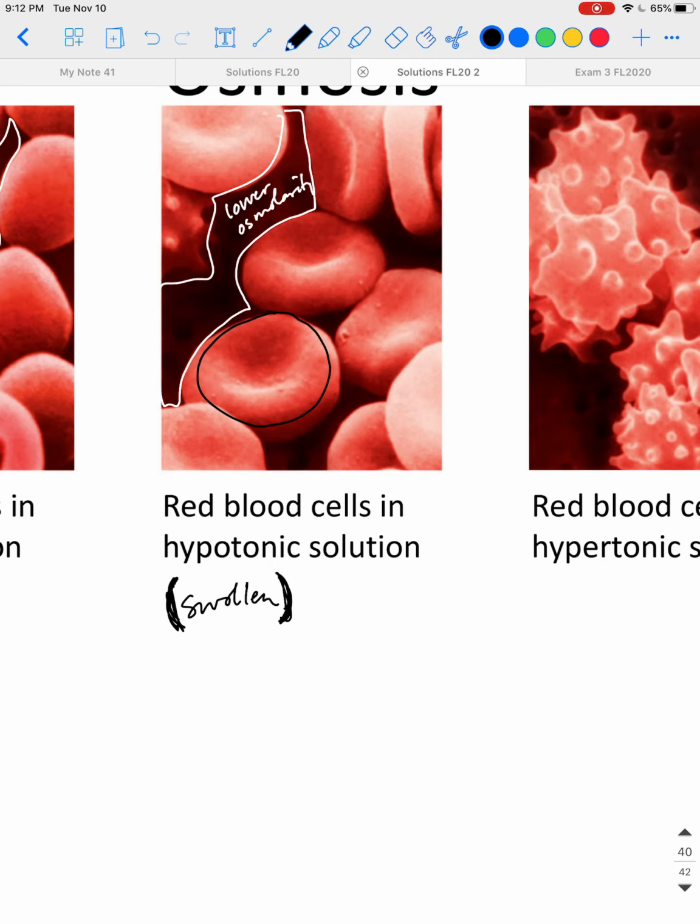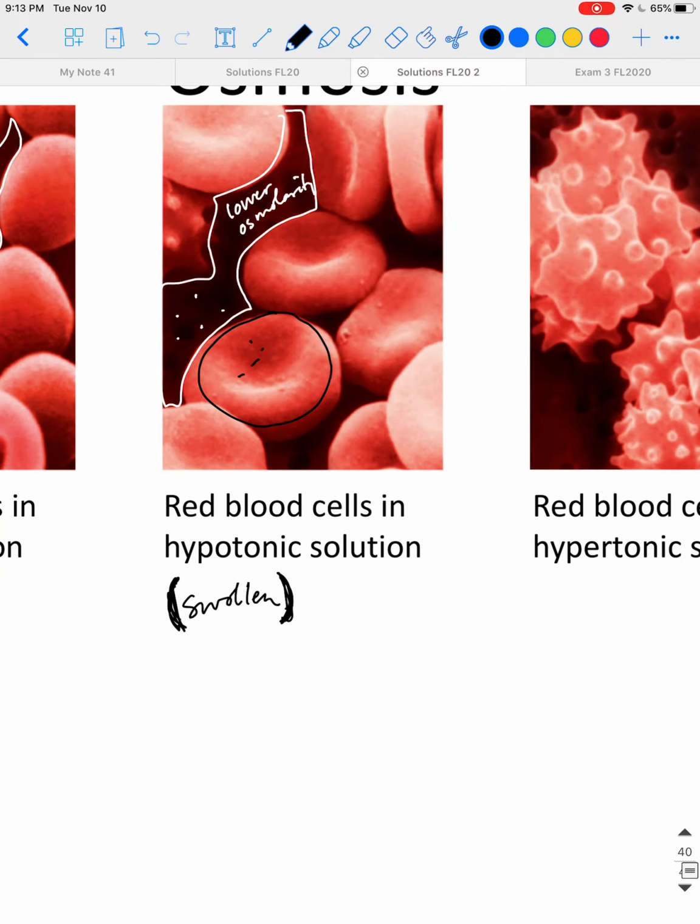So if we were looking at this red blood cell right here, what happened is that we have a low concentration of particles out here, and a very high concentration of particles in here.